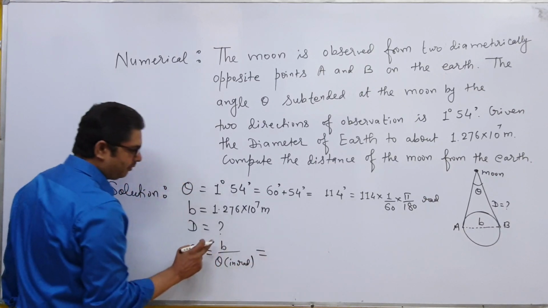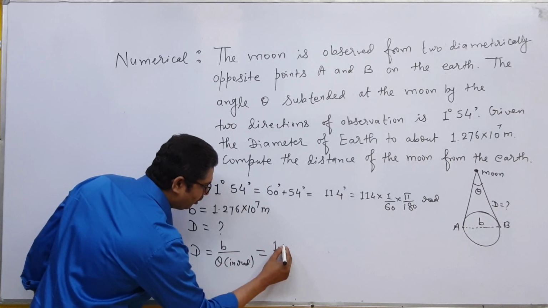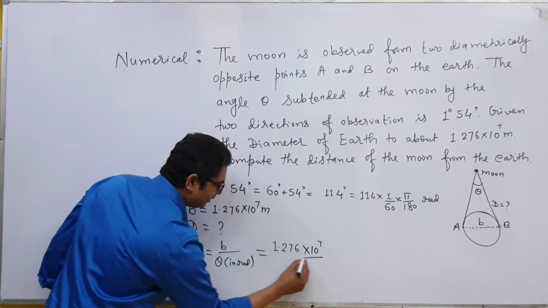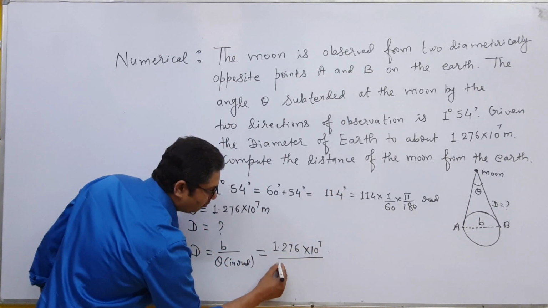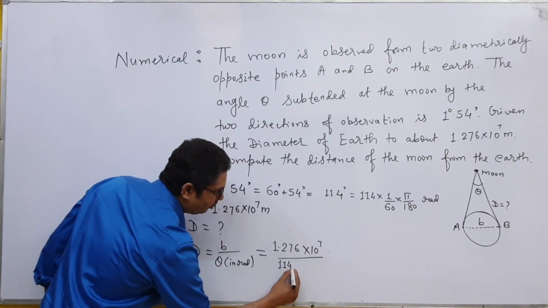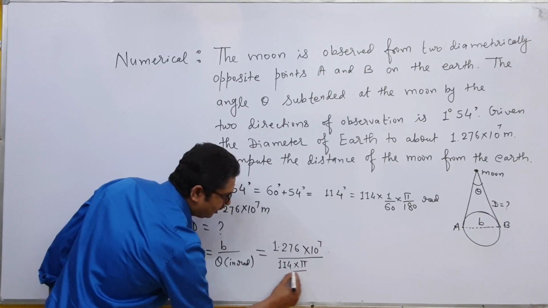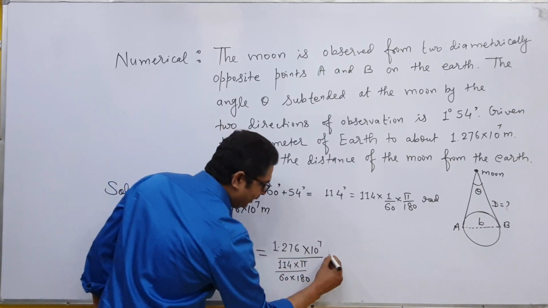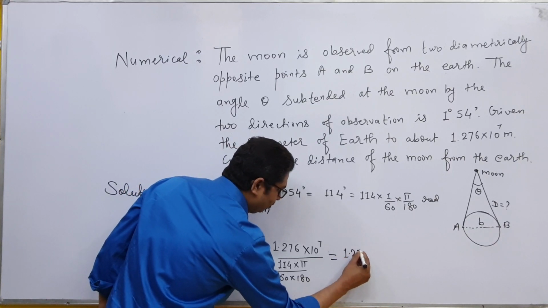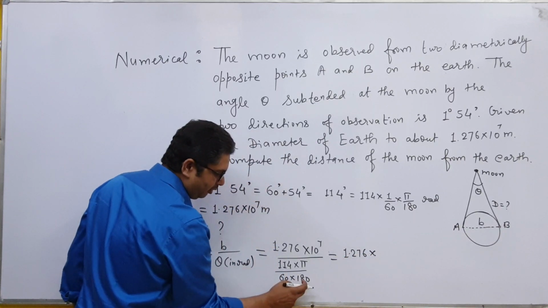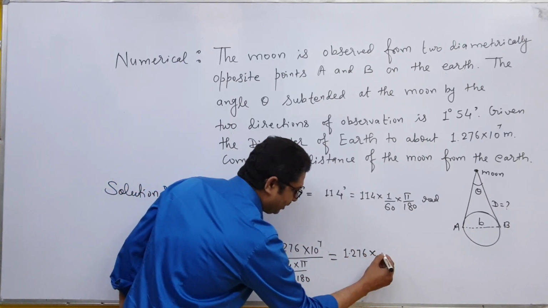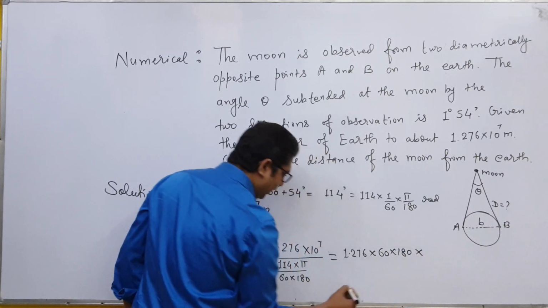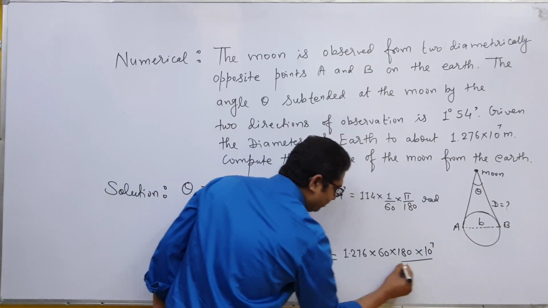So put the value of B, which is 1.276 into 10 to the power 7, and theta here is 114 into pi divided by 60 into 180. So you can write it as 1.276, this 60 into 180 comes to the numerator side. This becomes 60, and here you have 180, and the power is 10 to the power 7.